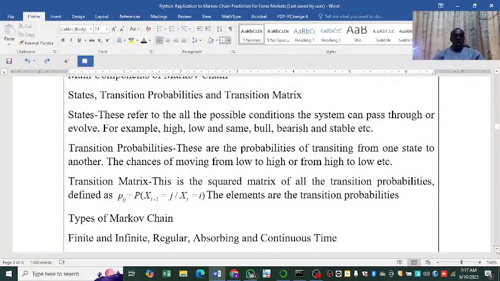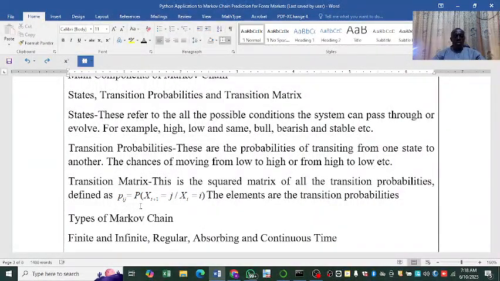These are the states that the system can pass through in the stock market. Now, let's look at the transition probabilities. These are probabilities of changing from one state to another state. They are the chances of moving from low to high or from high to low. Now, the transition matrix is a square matrix of all the transition probabilities, defined as P subscript ij is equal to P(X subscript t+1 = j | X subscript t = i).